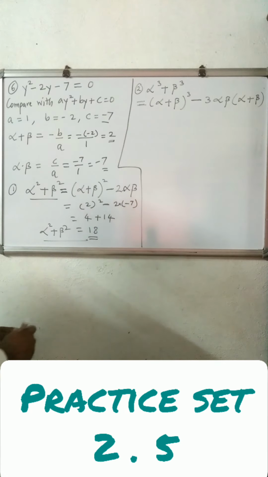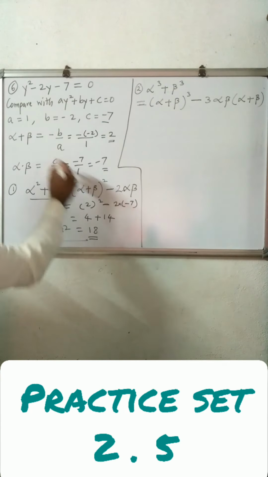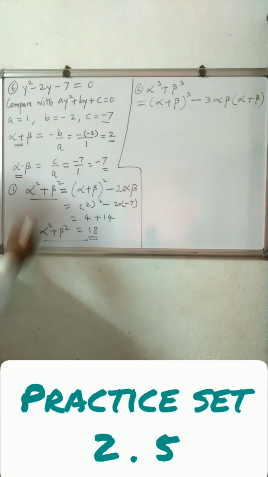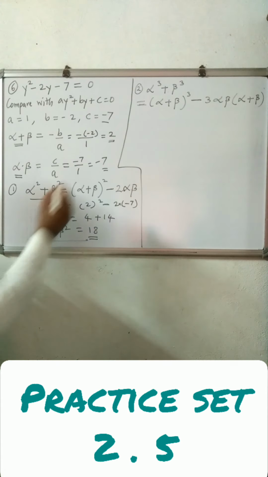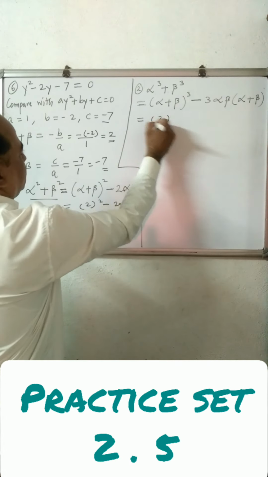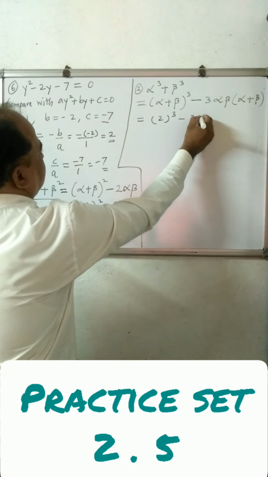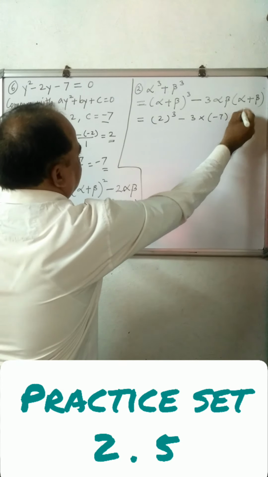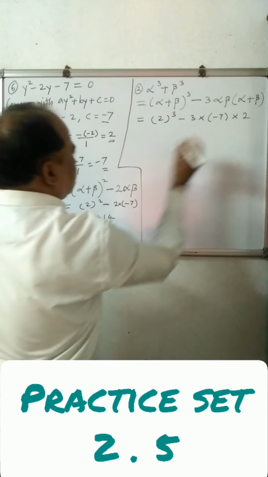Now we are having the values of alpha plus beta and alpha into beta. These two values we are having. Substitute these values in the formula. So alpha plus beta is how much? 2 cube minus 3 into alpha into beta, which is minus 7, into again alpha plus beta, which is 2.